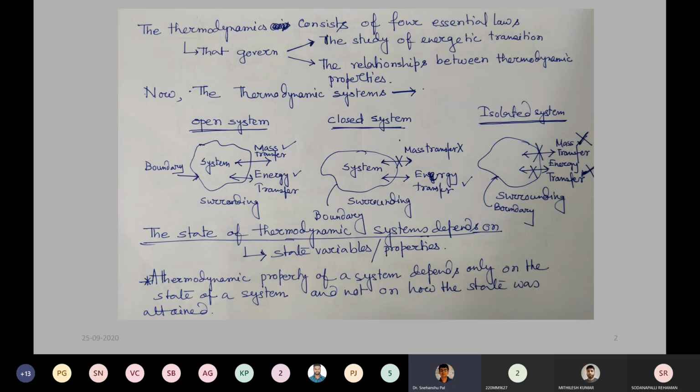So if we take a property that is a state function, then its differential must be an exact or perfect differential in mathematical terms. Why is it so? Because it does not depend on the path of the process.